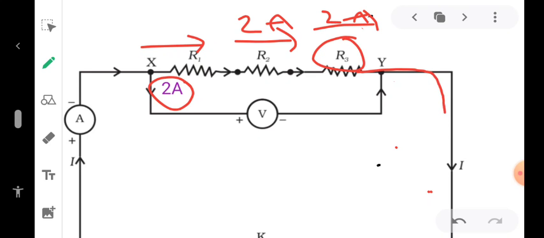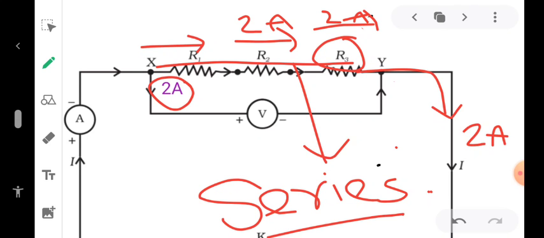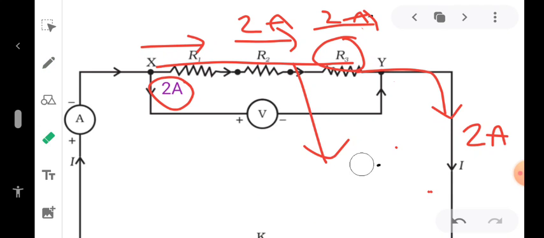At the end terminal of resistor 3, the same 2 ampere current will come out. So if the current is equal through all the resistors, then it is called a series connection. The same amount of current should flow through all the resistors.